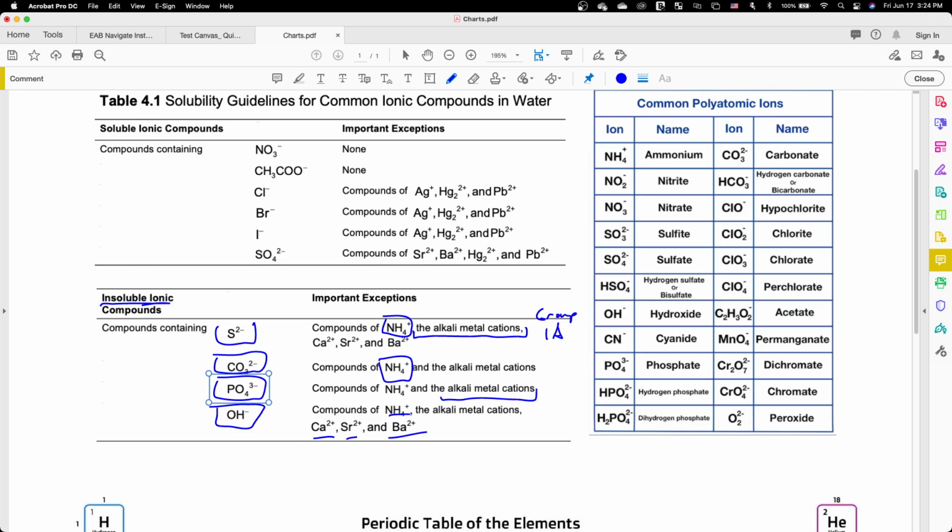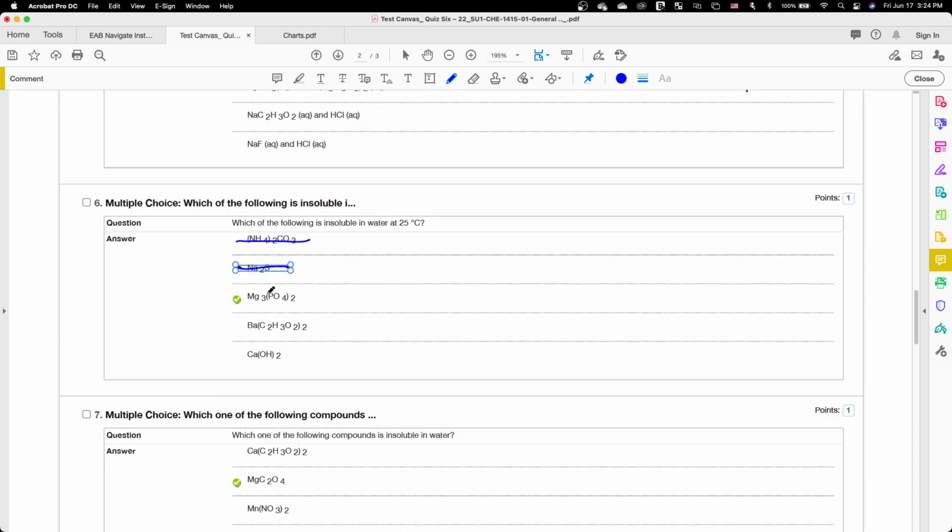Remember, alkaline earth metals are group 2A, not group 1A. So go back over here and we see that magnesium is an alkaline earth metal, group 2A, with a phosphate, which makes it insoluble. So that's the answer. You can stop right there. You don't have to check all the other ones.